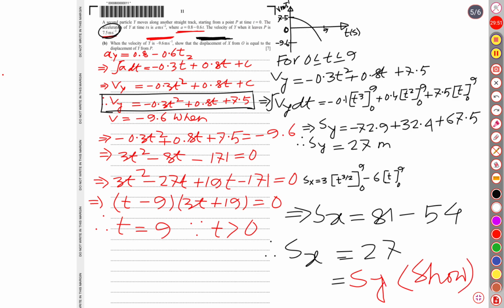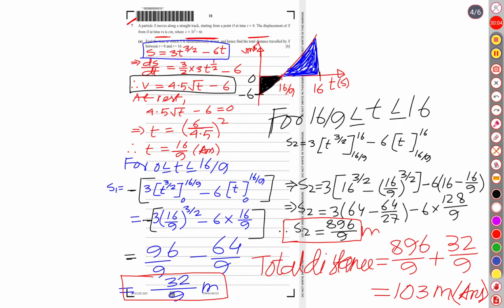Once again I am clarifying: you may think that in the previous part, when we found the distance of particle x, we used this. Look at this once again, let me show you. Here, for finding the distance of x, we found it in two phases. We first found this distance and the second distance was this.